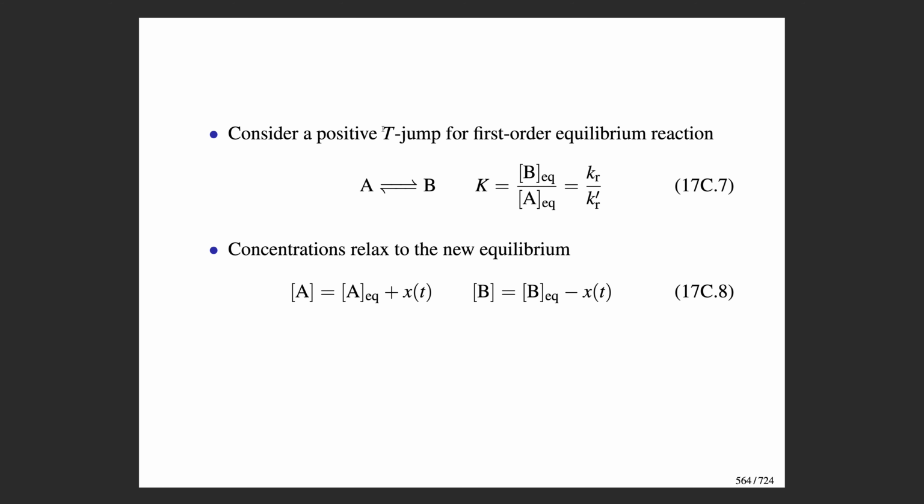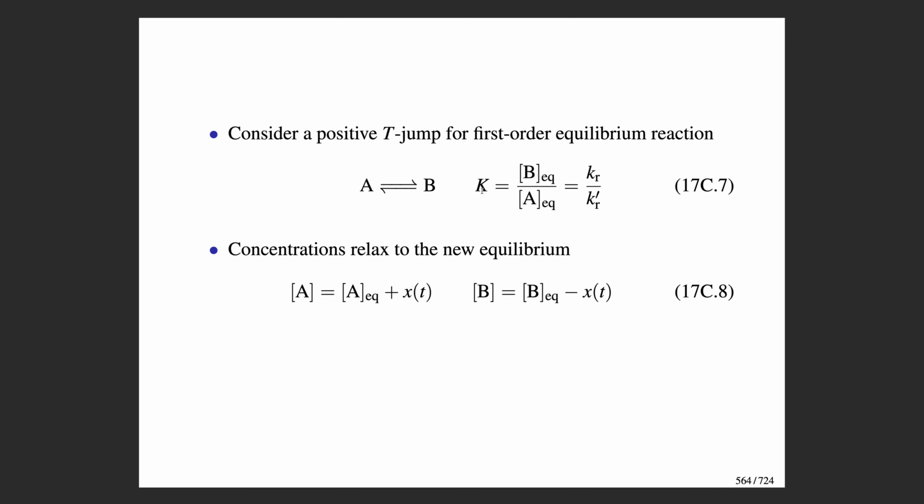So if you had some T-jump method, we're looking at first order kinetics both in the forward and reverse direction. When you increase the temperature, you're going to increase these rate constants, depending upon which one increases by more, which actually connects back to thermodynamics.